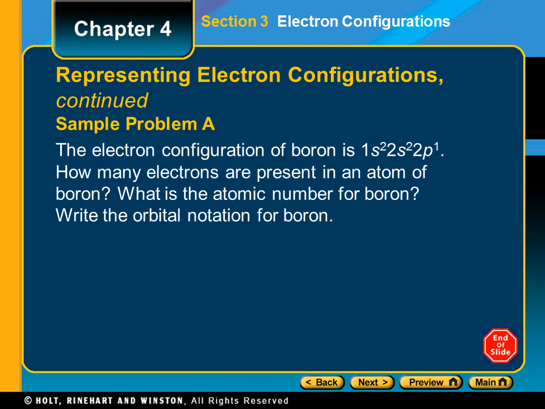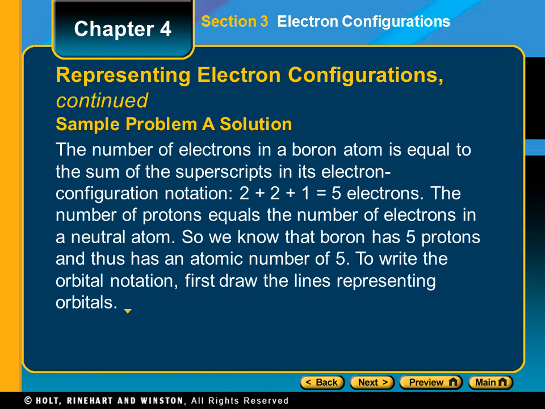So first thing I want you to note, guys, what's interesting, out of that simple notation that's given, there are several different pieces of information that you can infer from that. So first, the number of electrons in a boron atom is equal to the sum of the superscripts in its electron configuration notation. So 2 plus 2 plus 1 equals 5. So there's 5 electrons.